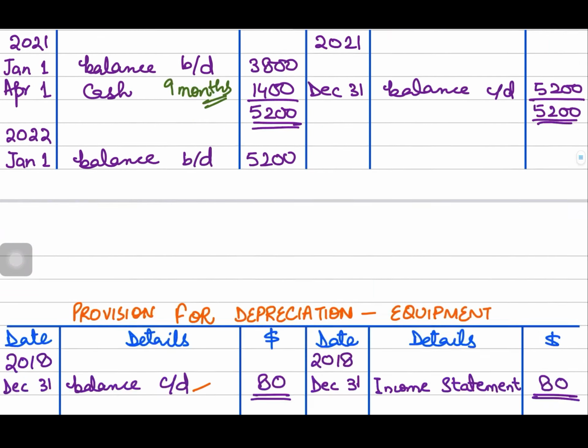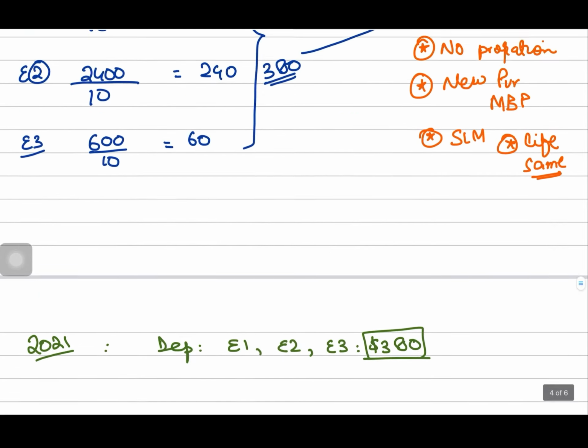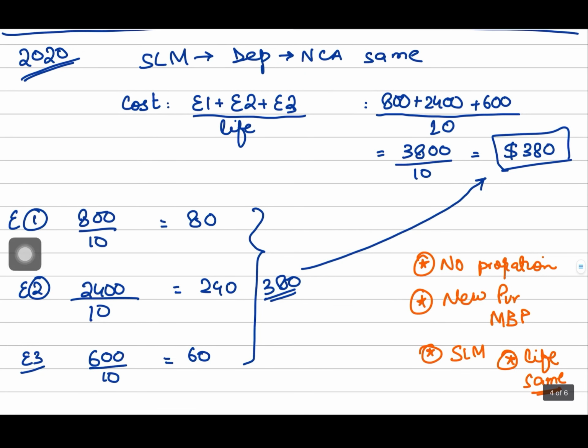Now again, it's up to you, if you have the time, you can calculate depreciation on all of these first three assets separately, but I don't think that you should, because if you have the straight line method of depreciation, then use it to save your time. So depreciation on equipment 1, equipment 2 and equipment 3 will again be $380, as we calculated in the year 2020.